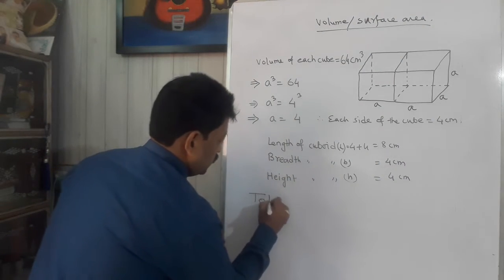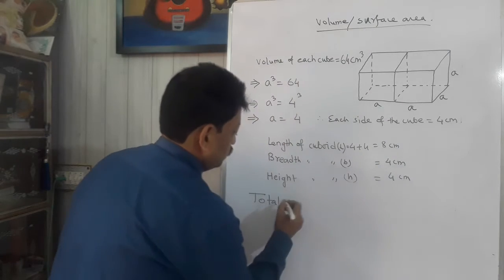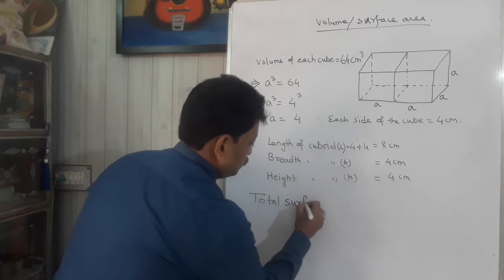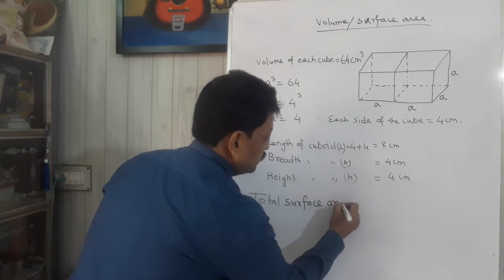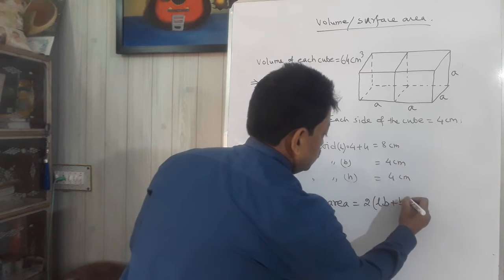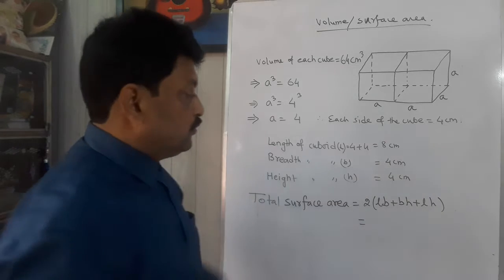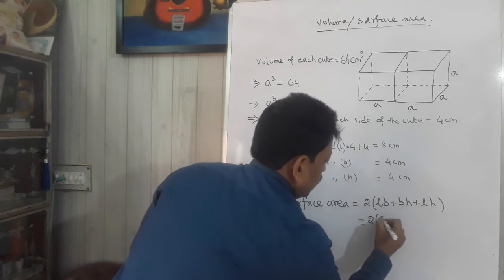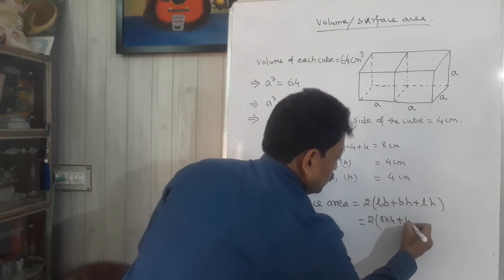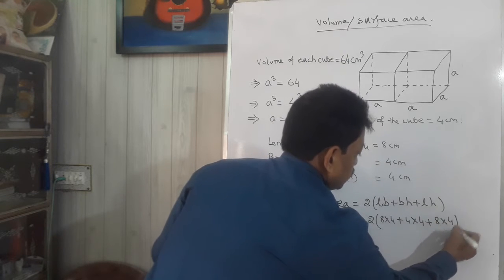So total surface area equals 2 times (LB plus BH plus LH). We have to put all the values. So 8 multiplied with 4 plus 4 multiplied with 4 plus 8 multiplied with 4.